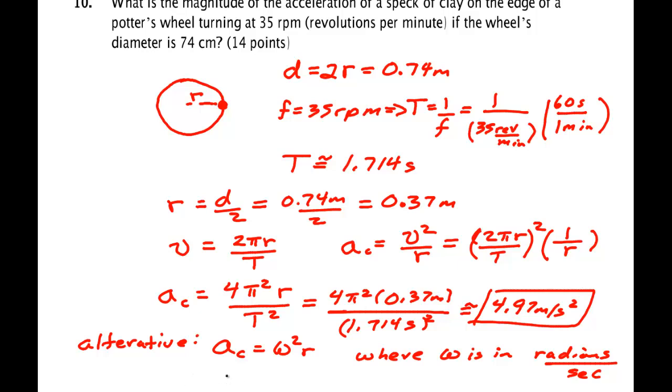And you could have found that by taking that omega was equal to 2 pi f once you converted f into seconds. Okay, so it's equivalent. I didn't do that because your textbook doesn't cover that in this chapter, although I put it in your notes.